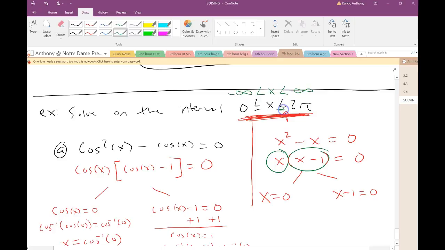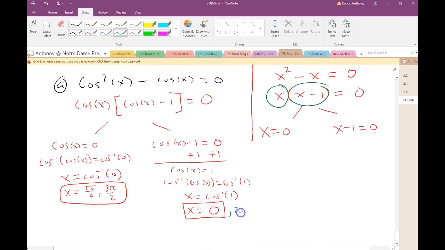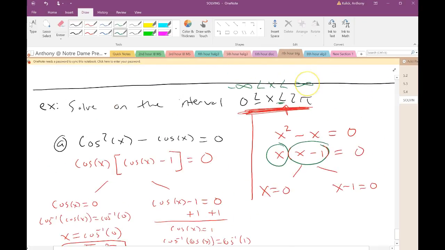If that was there, then you'd have another answer here at 2 pi. Yes. Or if it was negative infinity to positive infinity, you'd write them with the plus 2 pi k's on them.